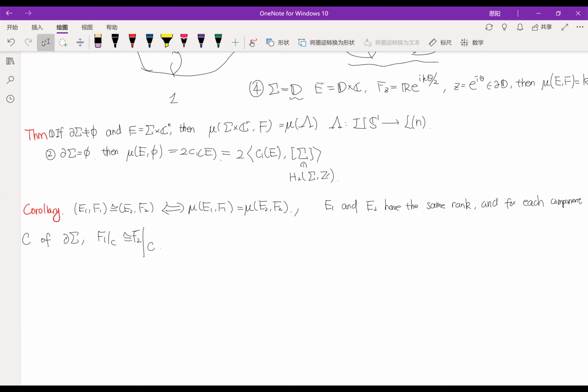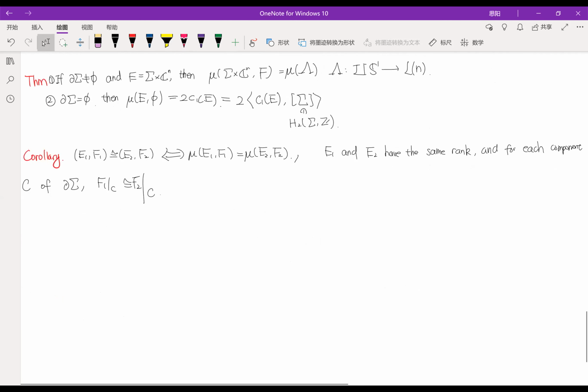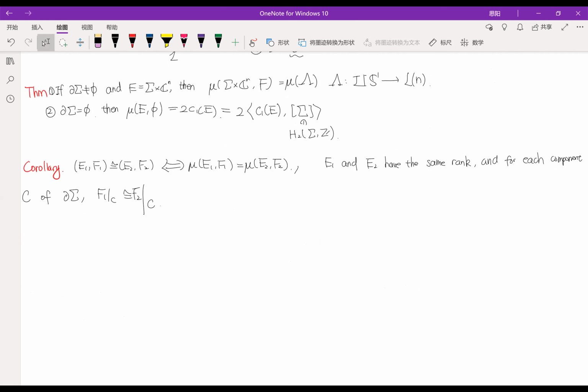So this boundary Maslov index nearly characterizes the isomorphism of the bundle pairs. And now we are going to give a proof of this. In order to do this, we need some preparations on the parallel path induction.